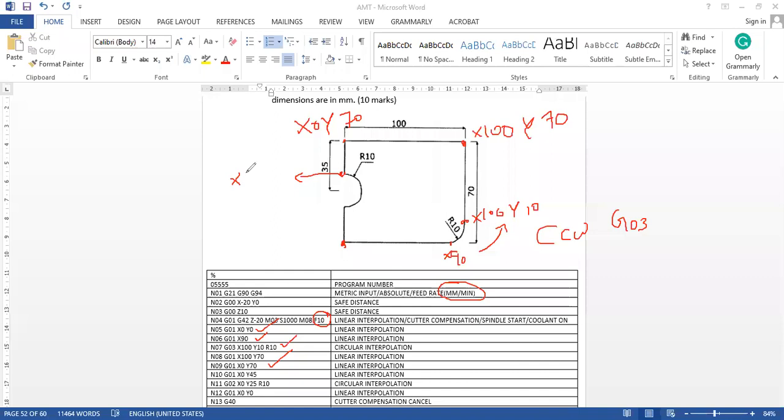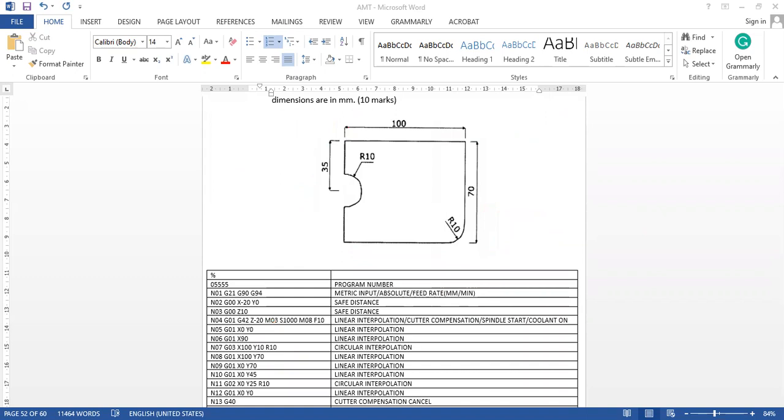Sorry, one minute. So this point is X value 0, and the Y value is 45. So here you can see X0, Y45, this point.